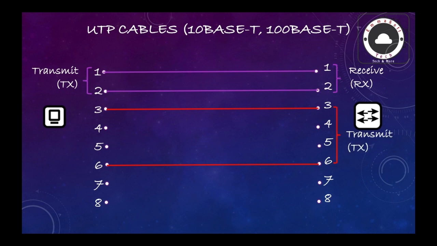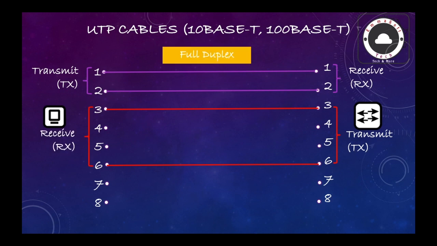So the switch transmits using pin 3 and 6, since it receives on pin 1 and 2, because it cannot transmit on the same pins it uses to receive. So this allows full duplex transmission, where both devices can transmit at the same time without any interference.